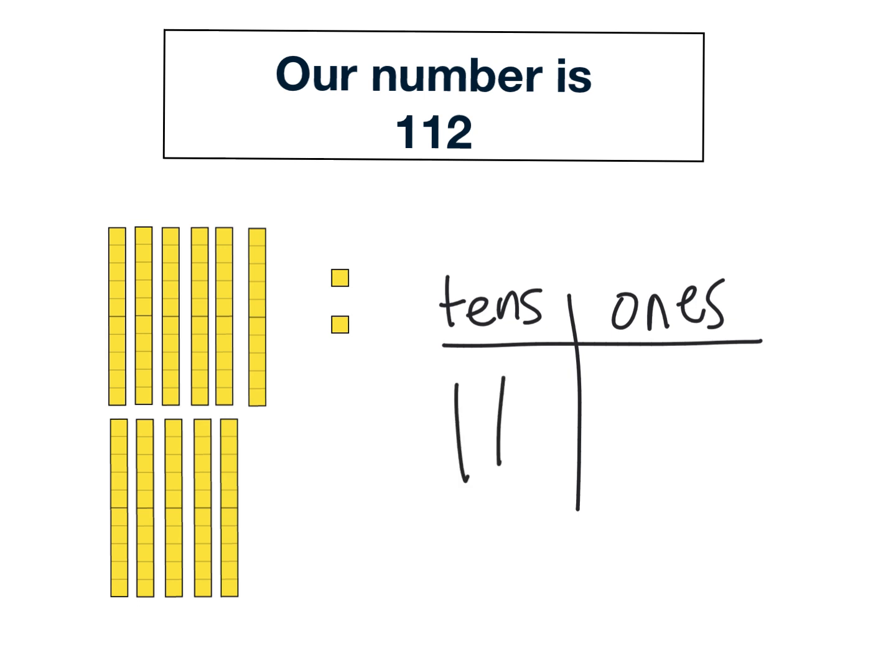This gives us 11 units in our tens spot. And now to count our single units. 1, 2. We'll go into our one spot. Thus, we have now created the number 112.